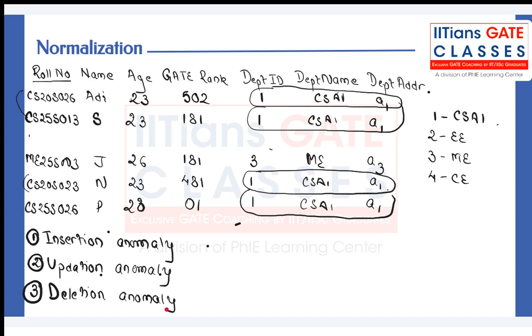Insertion anomaly, updation anomaly, deletion anomaly. Okay, is it clear everyone? Any questions? This is a very basic fundamental of normalization, right? You should know this. Anyone has any doubts? Shall I proceed? Can I proceed?